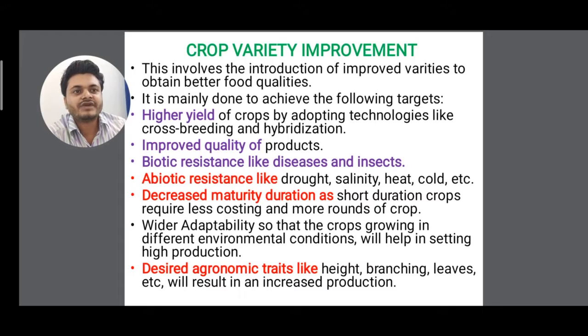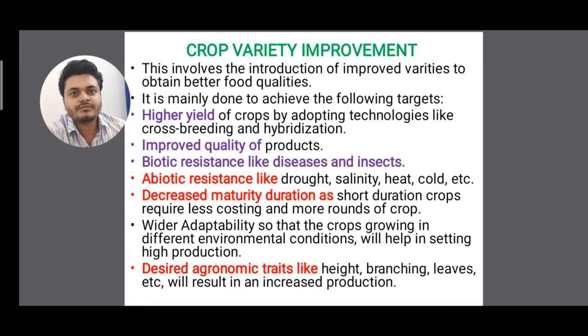In crop variety improvement, this technique involves the production of an improved variety to obtain better food qualities. Clear? Here we'll focus on the quality and quantity of foods that we get from crops.